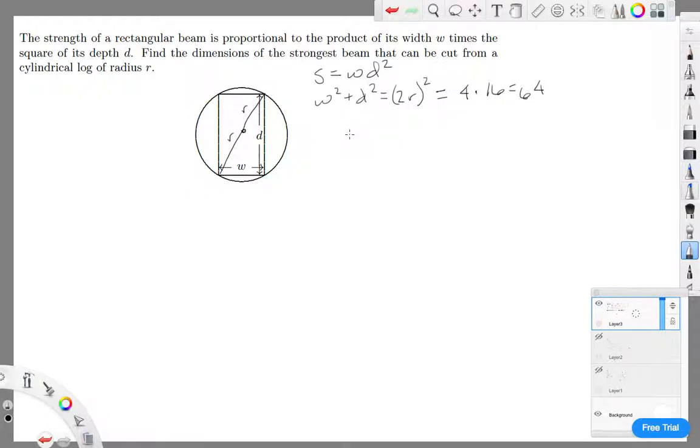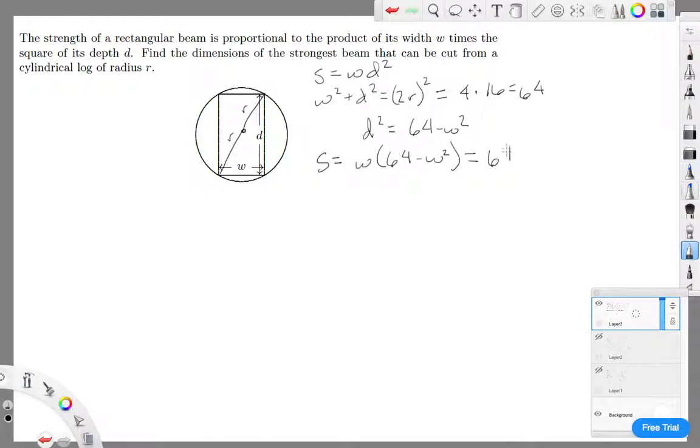Okay, so W squared plus D squared is equal to 64, therefore D squared is equal to 64 minus W squared. Right, and let's plug that back into the strength equation. So S is equal to W times 64 minus W squared. We'll carry out the distributive property here.